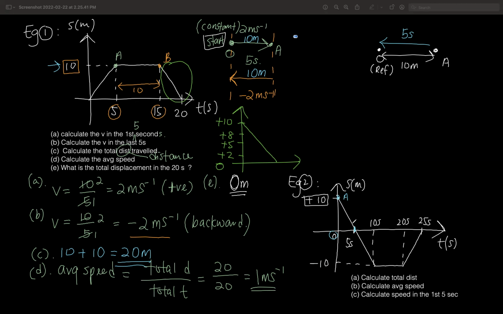Plus 10, plus 9, and then 0. You are now at the starting point. And then you continue to go -1, -2, -3. That means you continue to move to the left for another 5 seconds. Reach point B. How far away? 10 meters. Okay, this is point B.